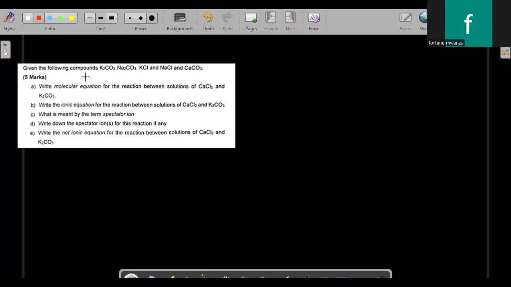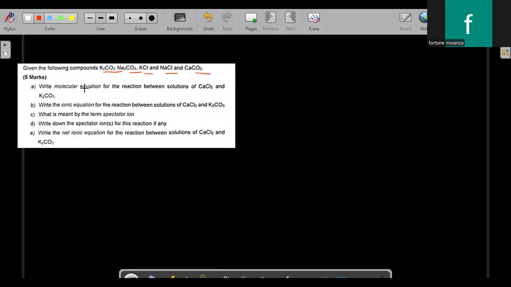Okay. So the question is saying, given the following compounds: potassium carbonate, sodium carbonate, potassium chloride, sodium chloride, and calcium carbonate.